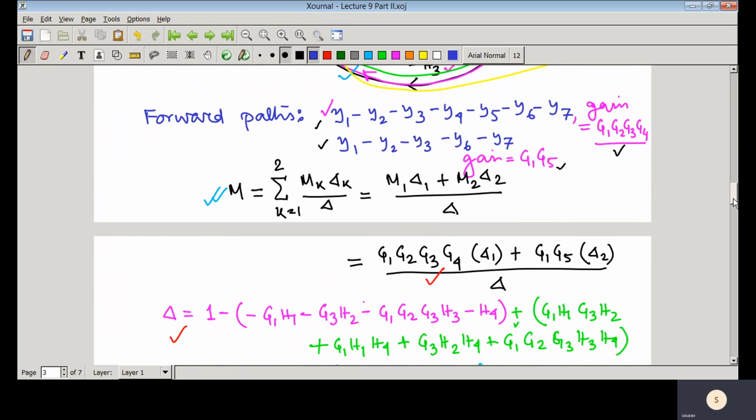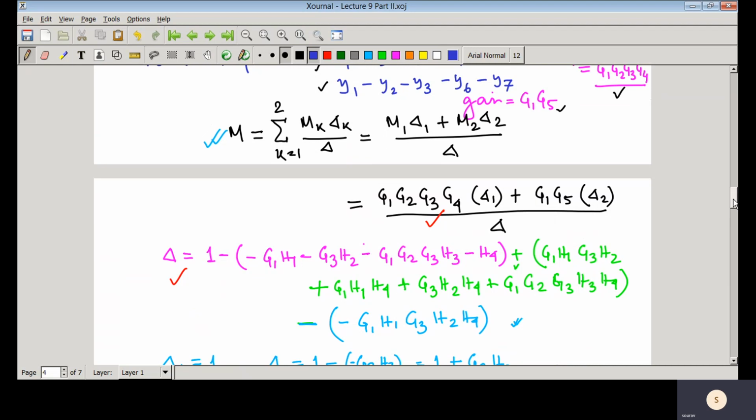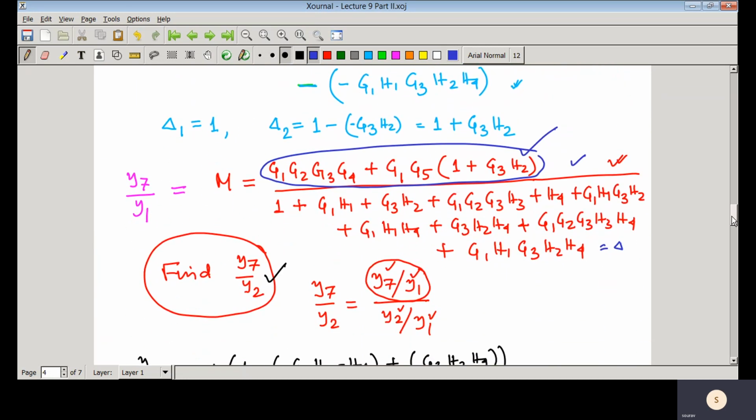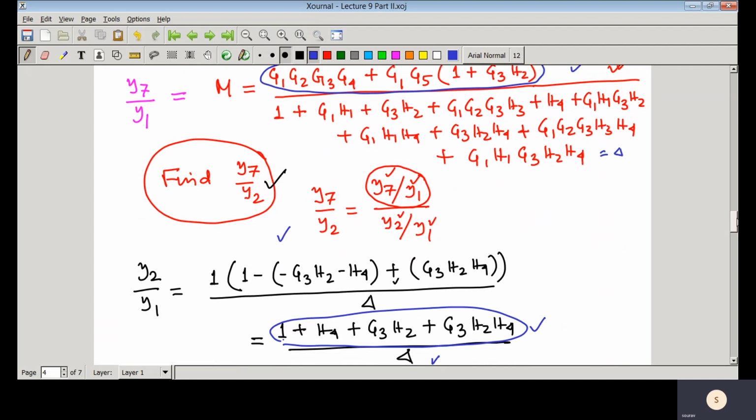Here we have again discussed that if you are asked to find the transfer function from any node inside the signal flow graph to the output node, this is the method you need to follow.